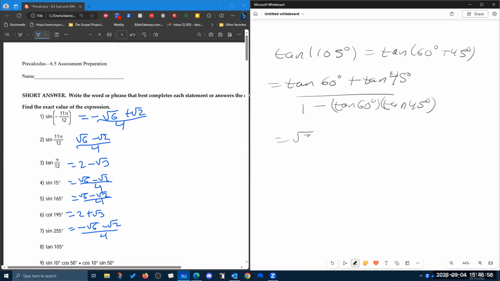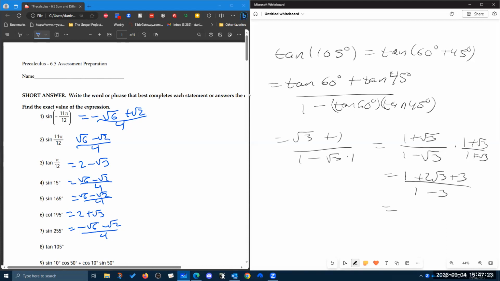It's going to be root 3 plus 1 over 1 minus root 3 times 1, so 1 plus root 3 over 1 minus root 3. Rationalize with a 1 plus root 3. It's going to be 1 plus 2 root 3 plus 3 over 1 minus 3, which is 4 plus 2 root 3 over negative 2, a negative 2 minus root 3.